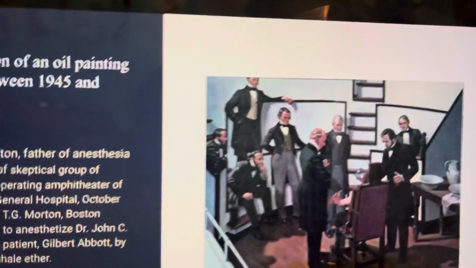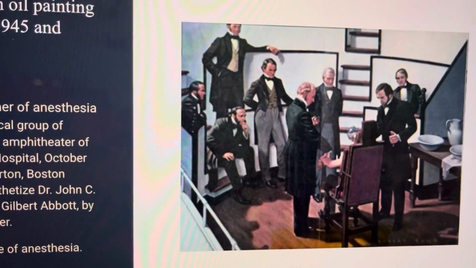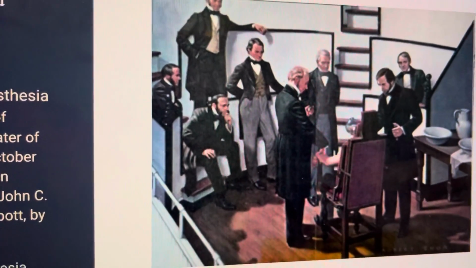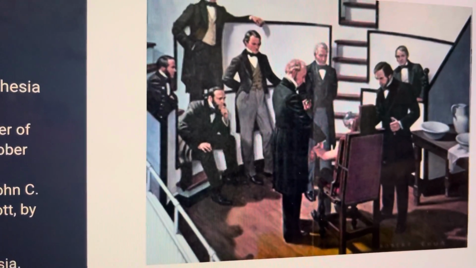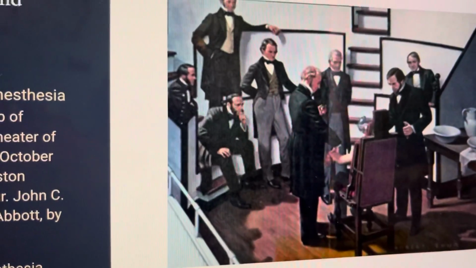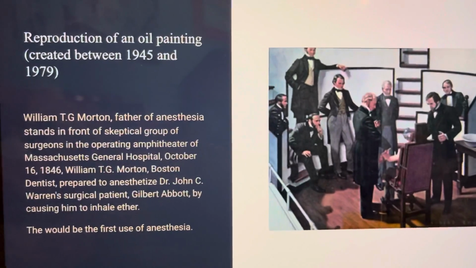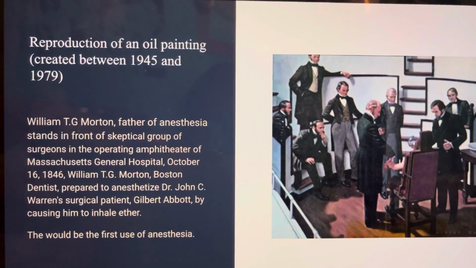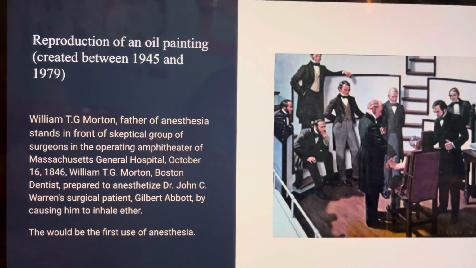So here we are, a perfect oil painting. As you can see, it's a group of men surrounding someone sitting in a chair. Okay, so I will explain what is happening in depth in this image. This oil painting was created somewhere between 1945 and 1979.